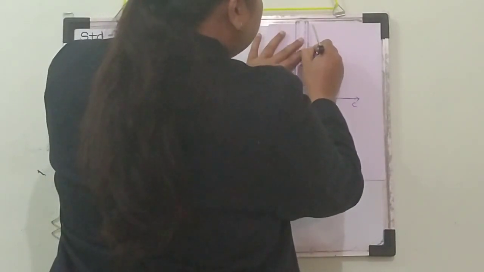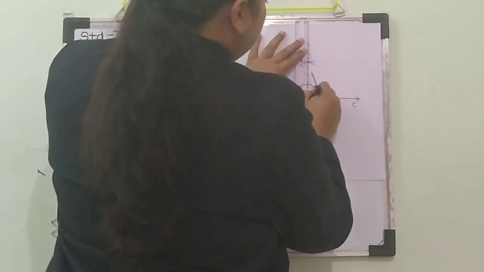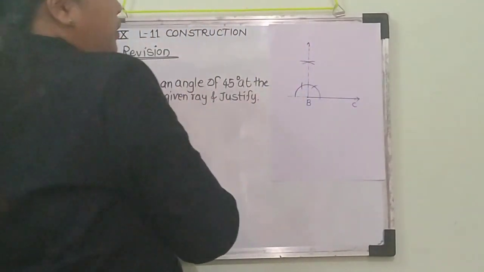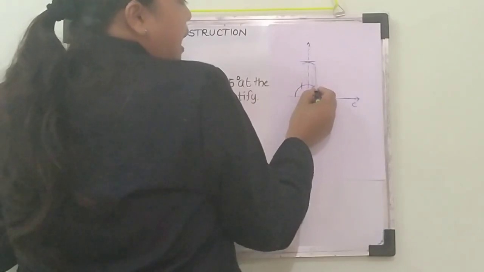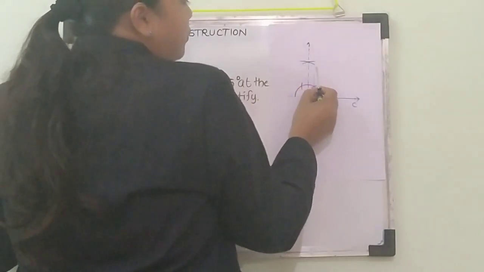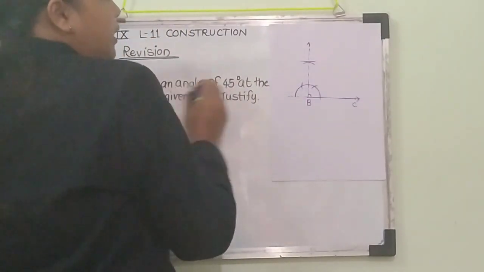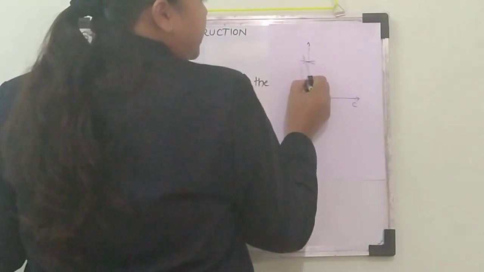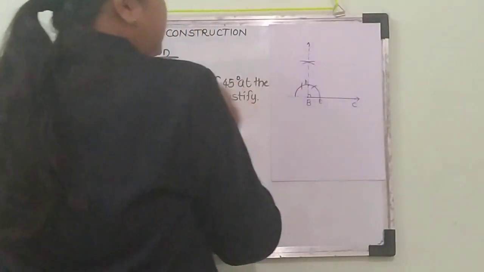Correct, but it is not our required angle, so we can draw by using dotted line. After that what we have to do, see the arc of 90 degree angle. Okay, so we suppose here the point is D and here the point is E.